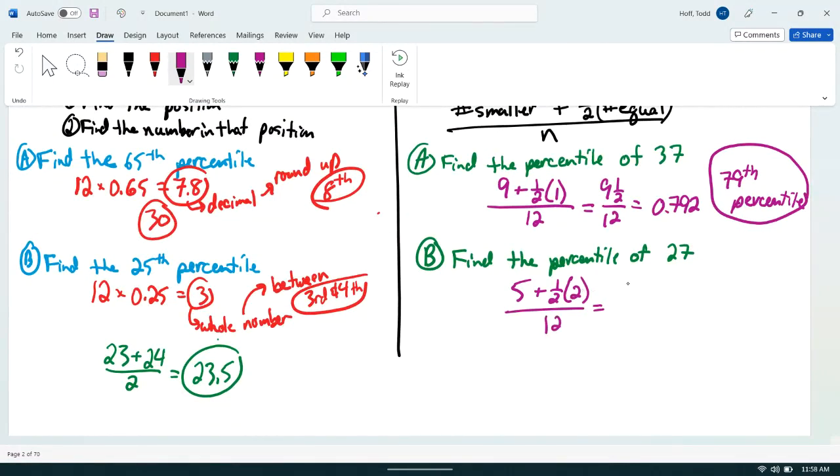Well, 1/2 times 2 is 1, so 5 plus 1 is 6 over 12, which is 0.5. That is the 50th percentile. Remember, we also said the 50th percentile is also the median. So 27 would be the median of this set of data as well.